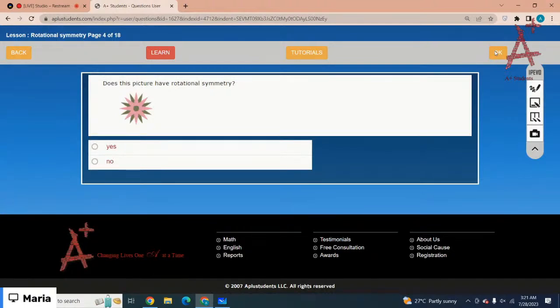Does this picture have rotational symmetry? The correct option is yes. If you rotate the image along half or one fourth, it will be exactly the same.